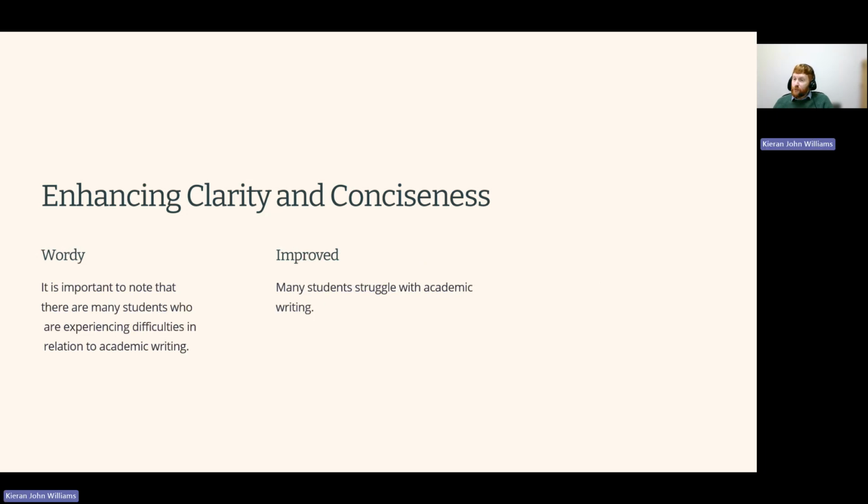All right, so let's consider this with two examples. We've got an example on the left, which is wordy, and then we've got the example on the right, which is seen as being more improved. The first sentence is long and indirect. It is important to note that there are many students who are experiencing difficulty in relation to academic writing. So this is long, it's indirect. The improved one: many students struggle with academic writing.